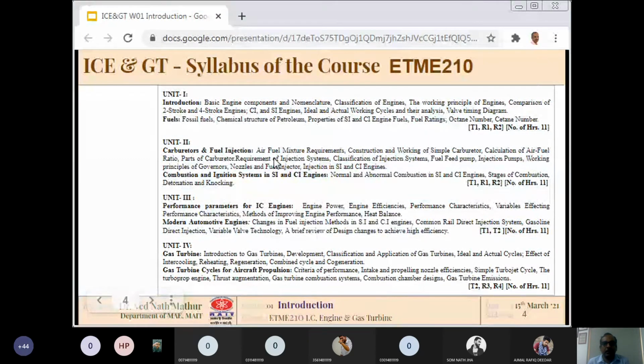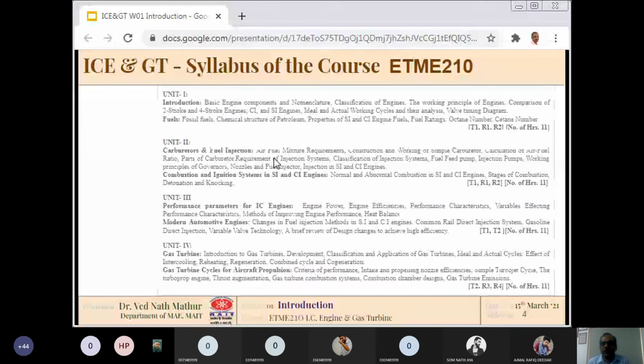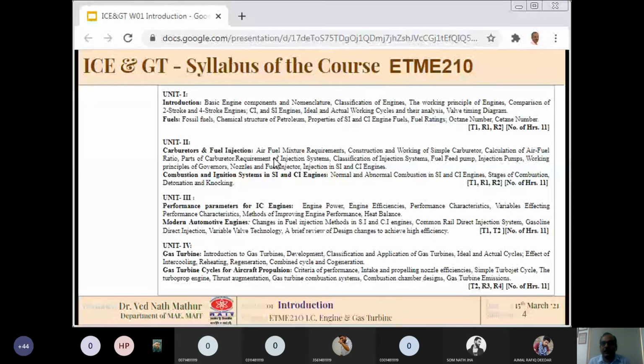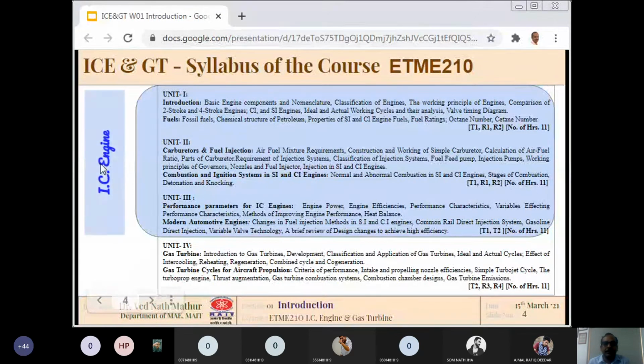I hope you know from where to get the syllabus of the courses. It's from the website. This is the entire syllabus, which has 4 units. The first 3 units are from internal combustion engines, and the 4th unit of the syllabus is on gas turbines.